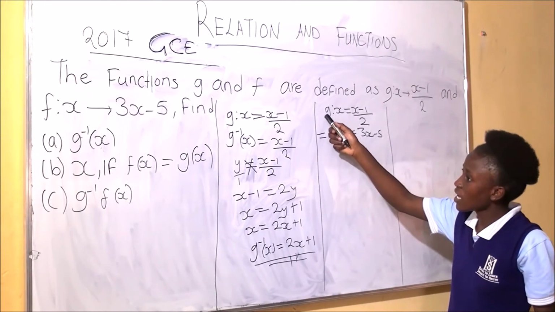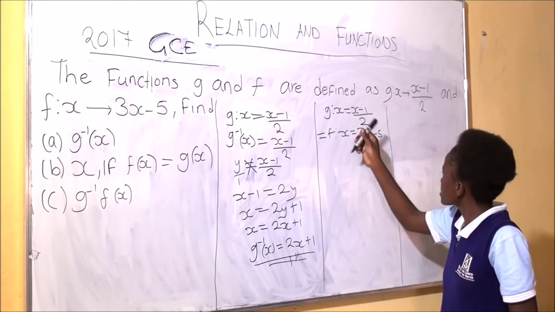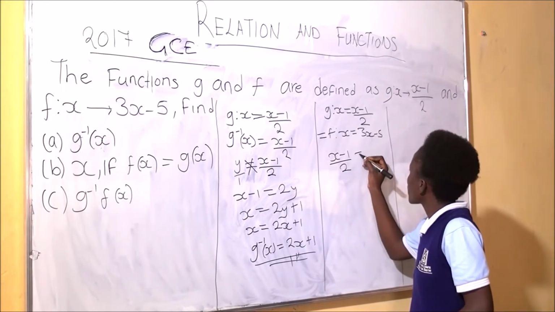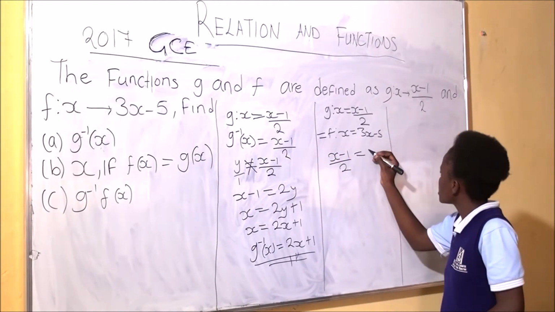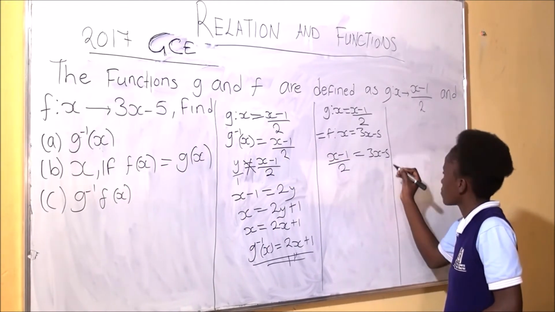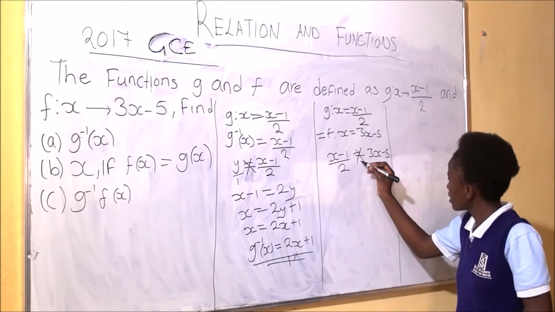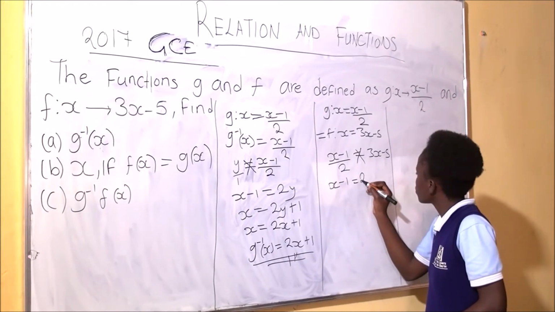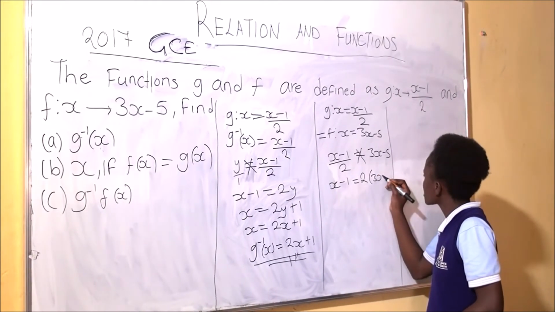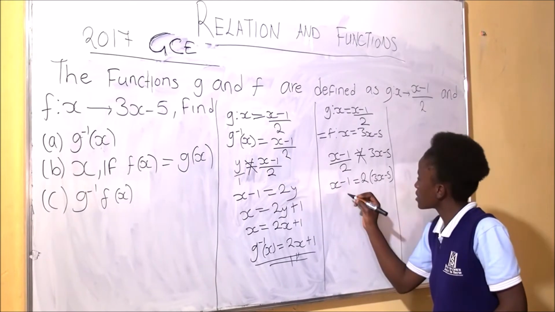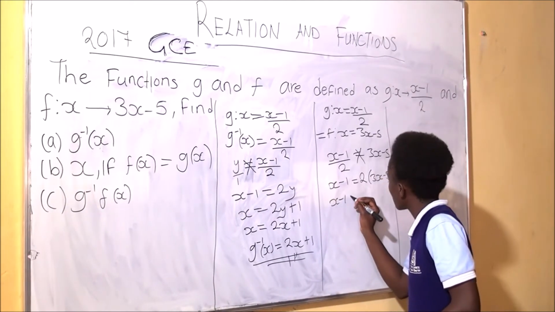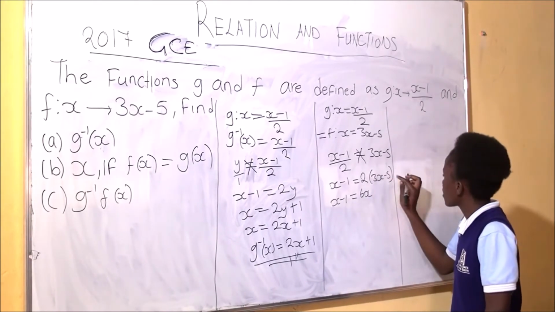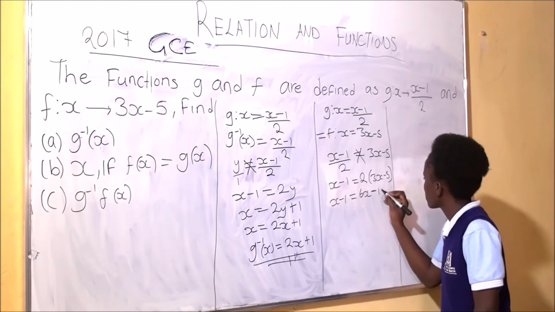So we are going to get our g of x, which will be x minus 1 over 2, and we equate it to f of x, which is 3x minus 5. Then we cross multiply. Then this will be x minus 1 is equal to 2 open bracket 3x minus 5 close bracket. Then this will be x minus 1 is equal to 2 times 3, which is 6x, and 2 times 5, which is negative 10.